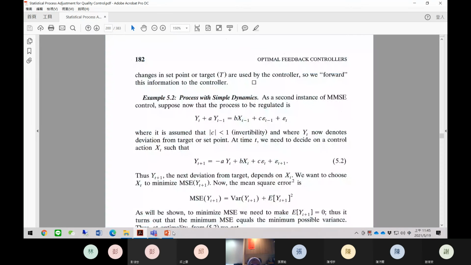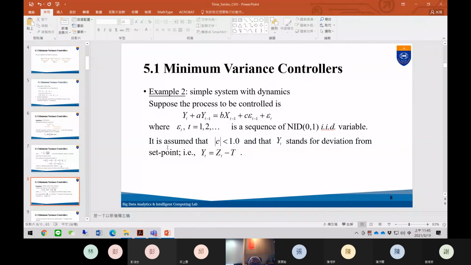Then, okay. So it assumes that C is less than 1. Why do we have C less than 1.0? Why? What did it say?